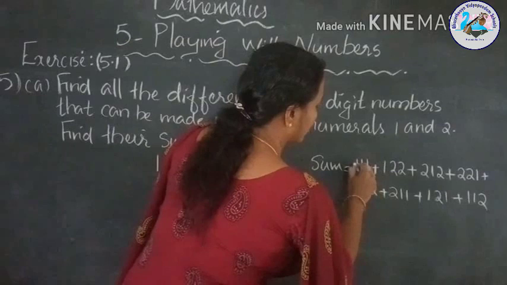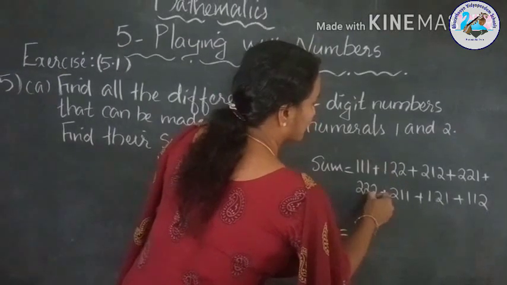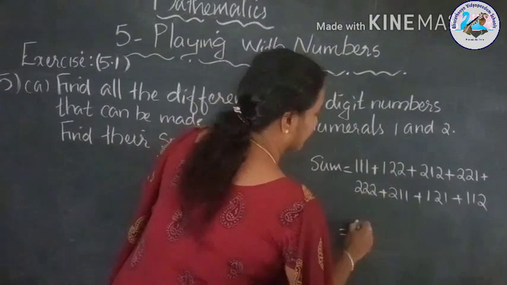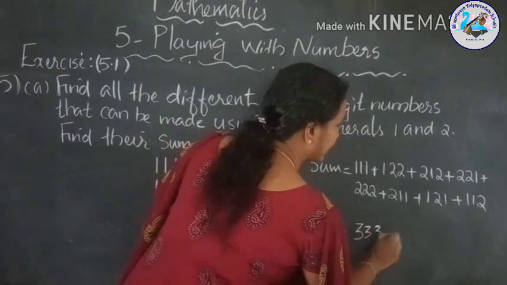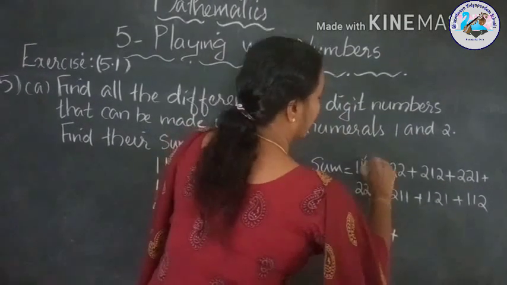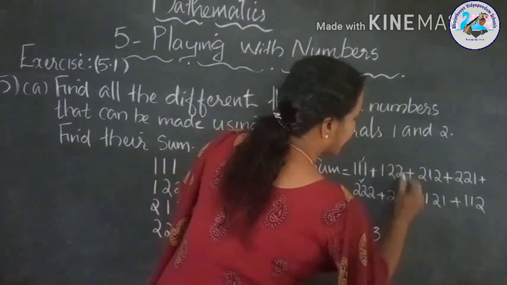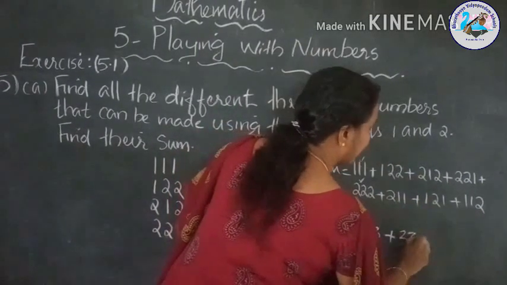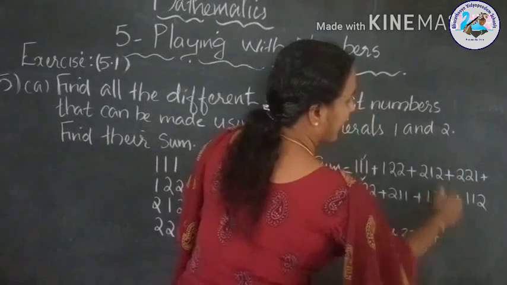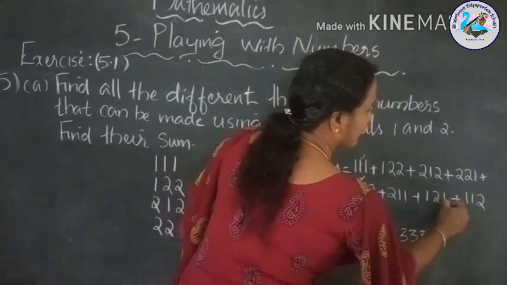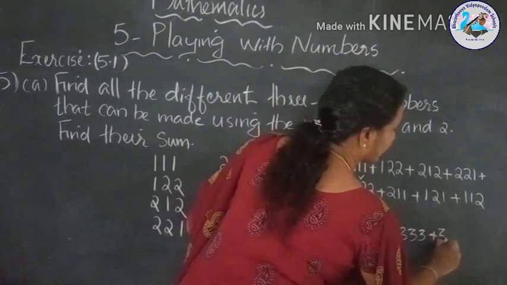Add these two: 2 plus 1 is 3, 2 plus 1 is 3, 2 plus 1 is 3. 333 plus. Then add the next two numbers, again 333. Again add these two numbers: 2 plus 1 is 3, 3, 3.